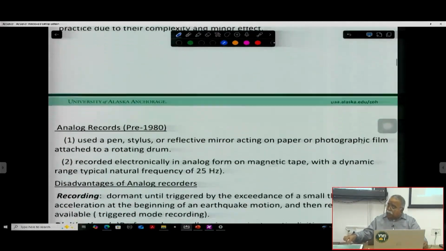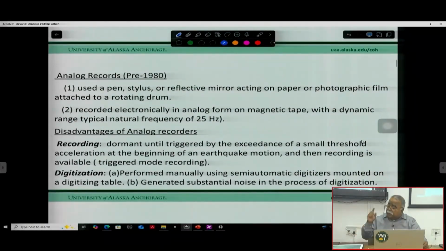Okay. Now, this is your sensor part. Then there is a recorder part which will record the data and do a little bit of initial processing and then put it into the output as your digital data.